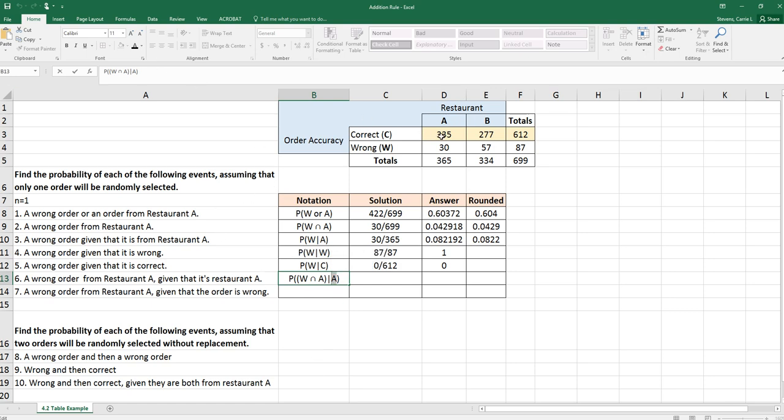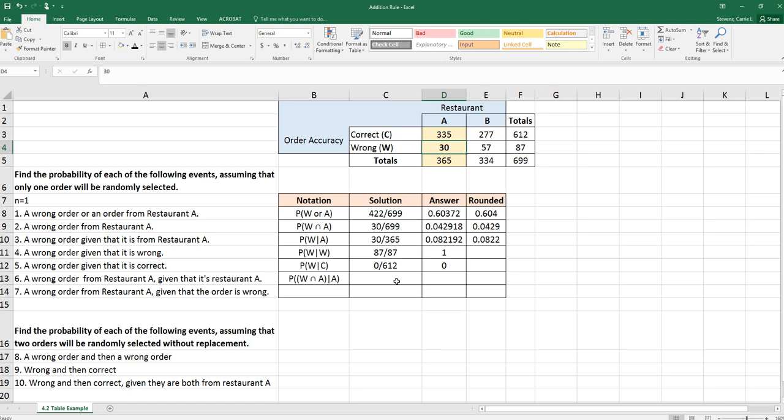So I'm going to be looking only with the given assumption here. I'm only going to be looking at all of the A orders. And within those, I want to find all the ones that are in the intersection of wrong and restaurant A. So wrong and restaurant A, right there.